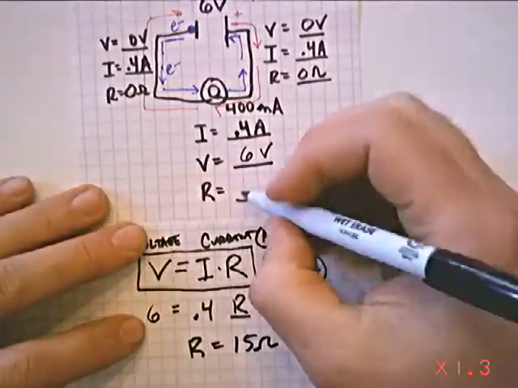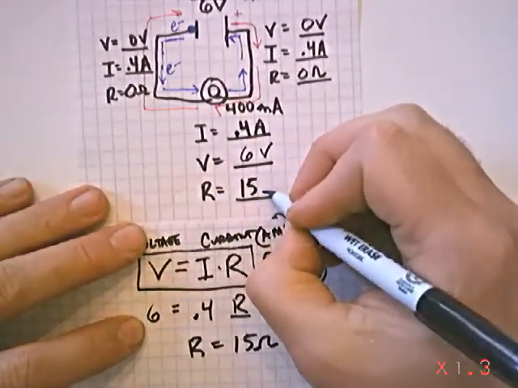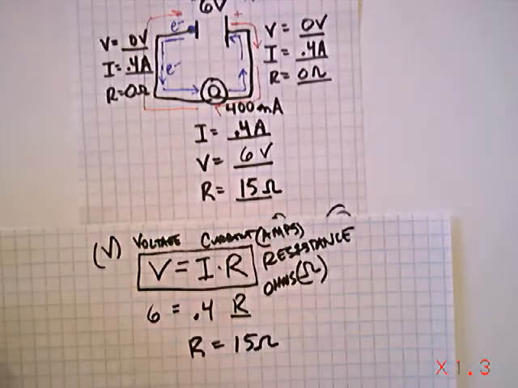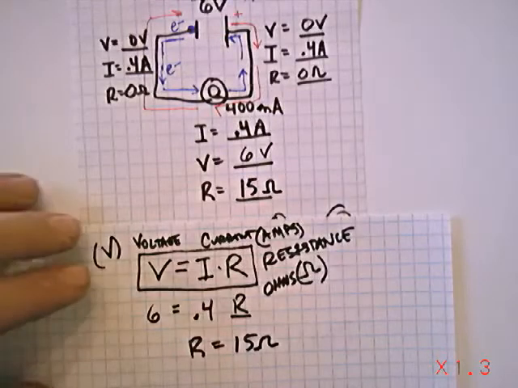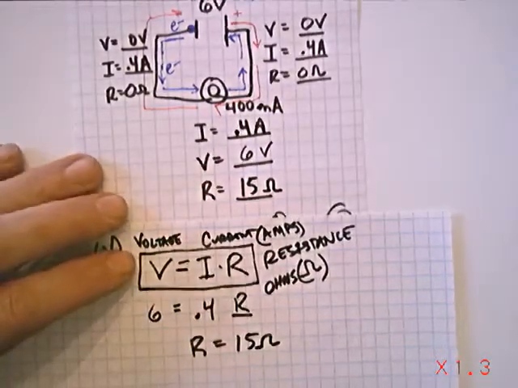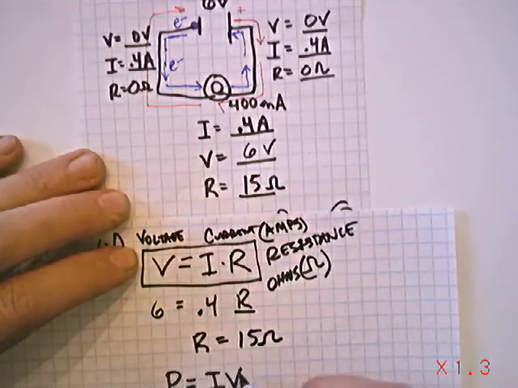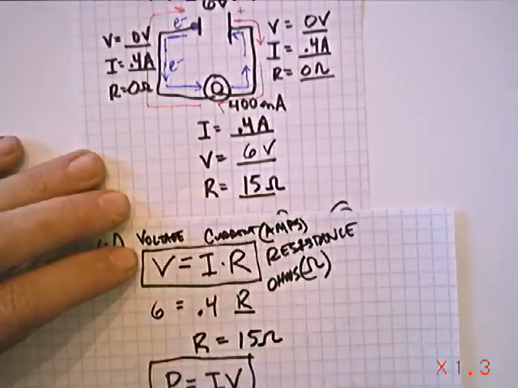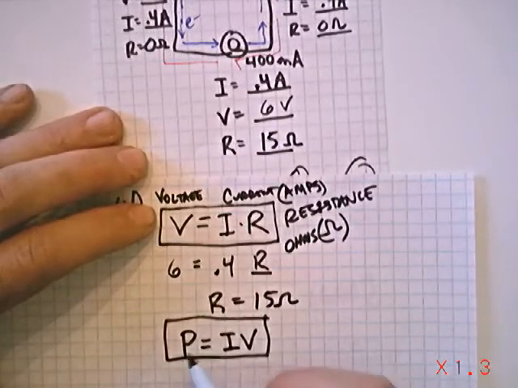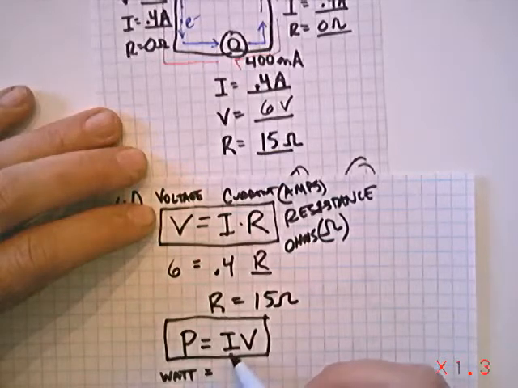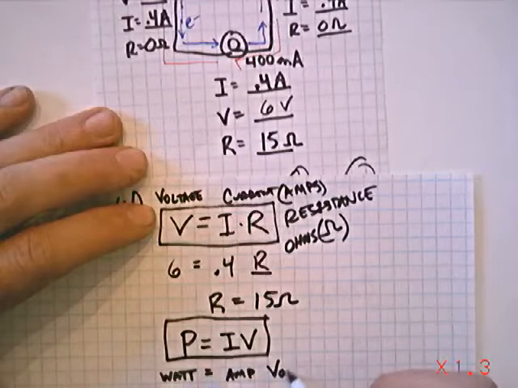Okay, now you might be thinking, why don't they just tell us the resistance when we buy a light bulb? Because usually when we talk about light bulbs and how bright they'll be, we talk about it relative to something called power. We talked about power earlier this year when we talked about the rate of work. Power is measured in watts. And here we have our current, amps, and here we have our voltage, volts.